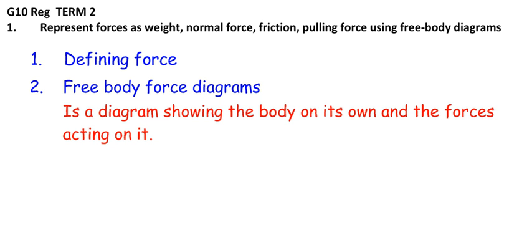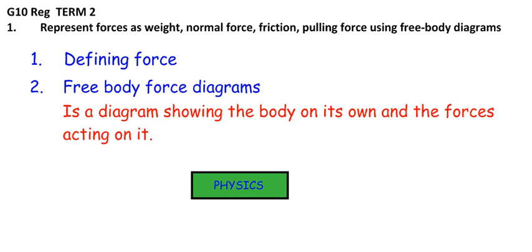A free body diagram is a diagram showing the body on its own, free from its surroundings, and the forces that are acting on it. If we wanted to represent a car, for example, we would represent it as either a box or a dot. This could represent our diagram of the car.